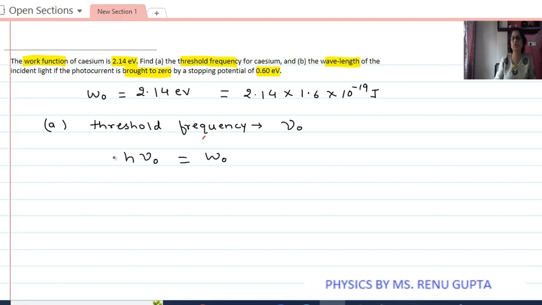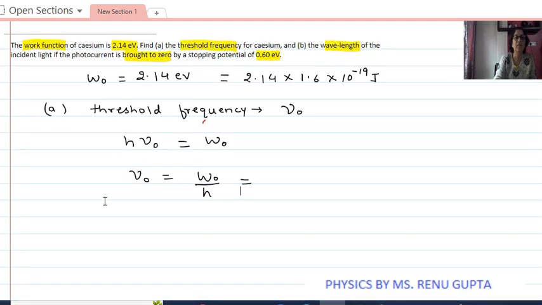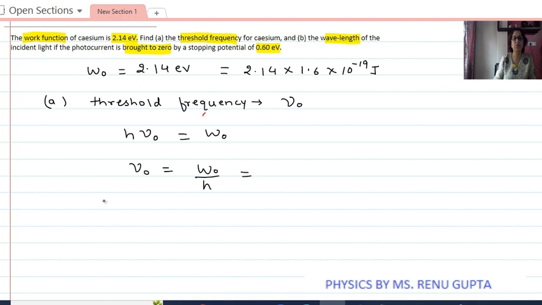Therefore, h nu 0 is equal to the work function, or the threshold frequency will be equal to the work function upon Planck's constant. Now only the numerical part is left. The value of the work function is 2.14 into 1.6 into 10 to the power minus 19 joule, divided by Planck's constant, 6.63 into 10 to the power minus 34 joule second.